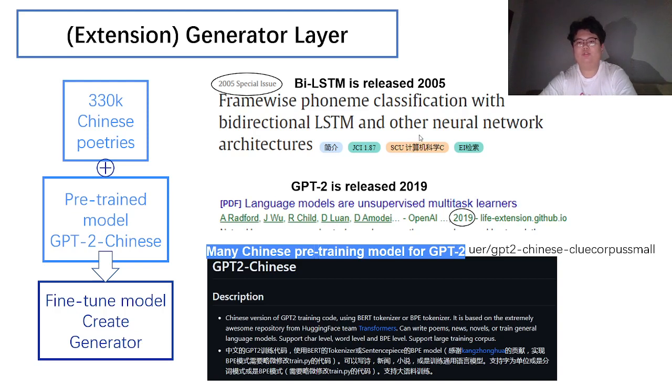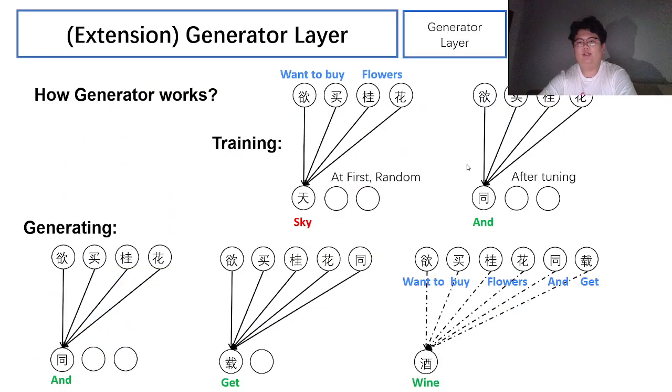I will introduce the generator section. At this layer, our goal is to generate a poem. We use the attention architecture in the transformer model to generate the poems. What we want the generator to do is to start the poem with our input and have it generate the number of characters and lines we specify.